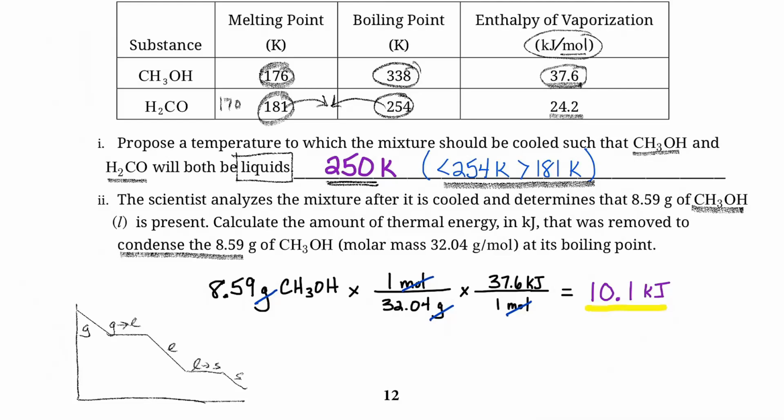But the point I want to make here is that whether we are going to vaporize or whether we're going to condense, vaporization would be going this way, and of course condensation would be from gas to liquid. It's the same energy. So the enthalpy of vaporization is also the enthalpy of condensation, if that got you.